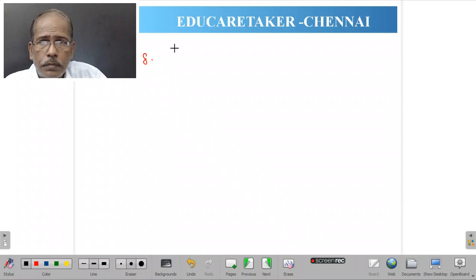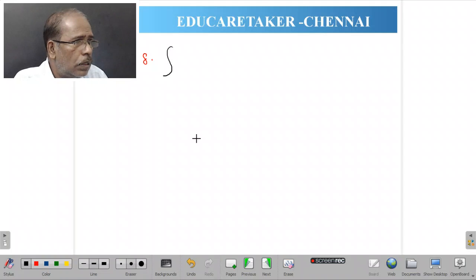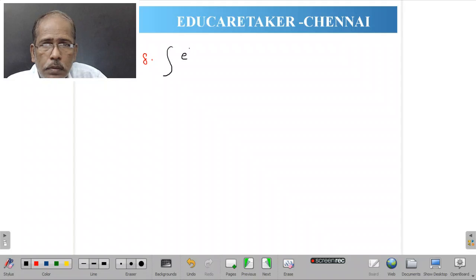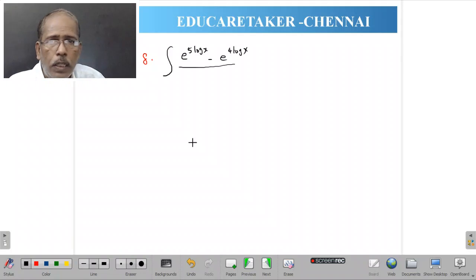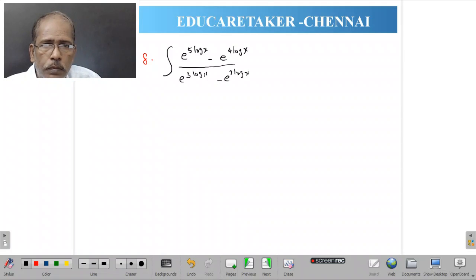Integral of e power 5 log x minus e power 4 log x, over the denominator e power 3 log x minus e power 2 log x.